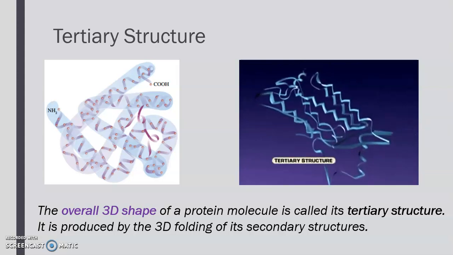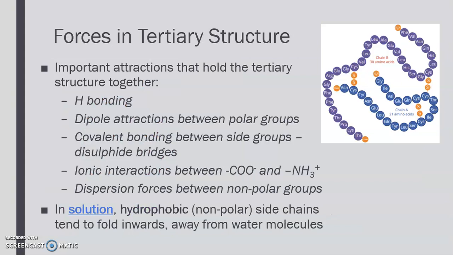And how do they actually fold together? This is important for chemistry. They are attractions of literally every kind that can bond things together. A lot of the time it is because the side chains of each protein can form hydrogen bonding, dipole-dipole attraction, covalent bonding when there is sulfur involved, ionic interactions, and dispersion forces for nonpolar groups.